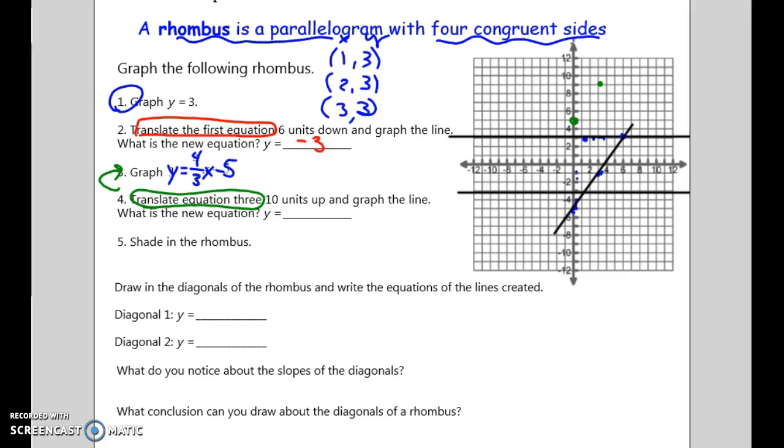In this case, I'm going to go down 4 and to the left 3. And now I would have this new line right here. Everybody good with that?